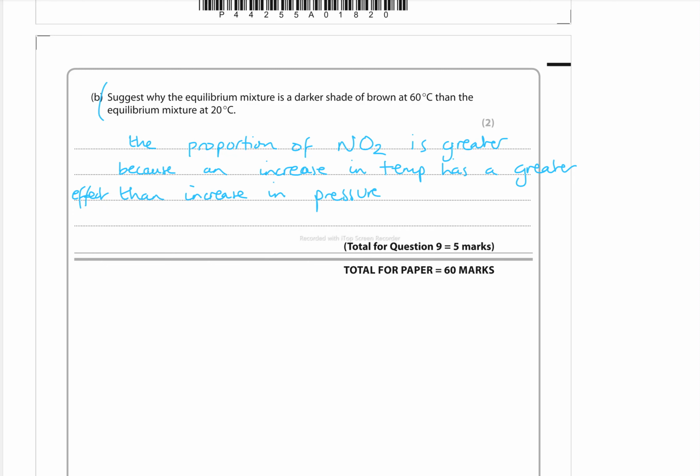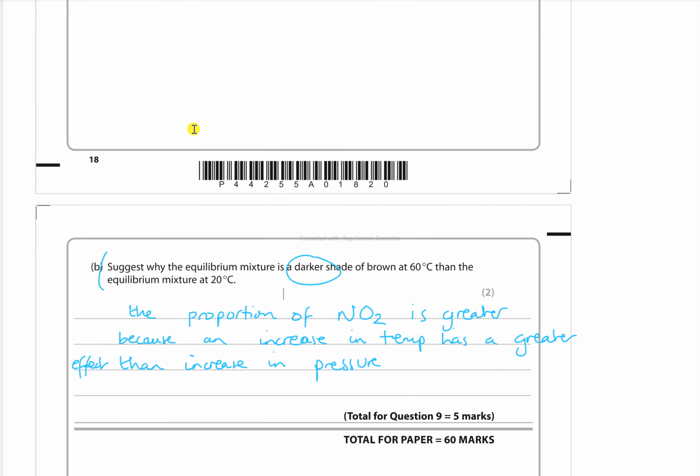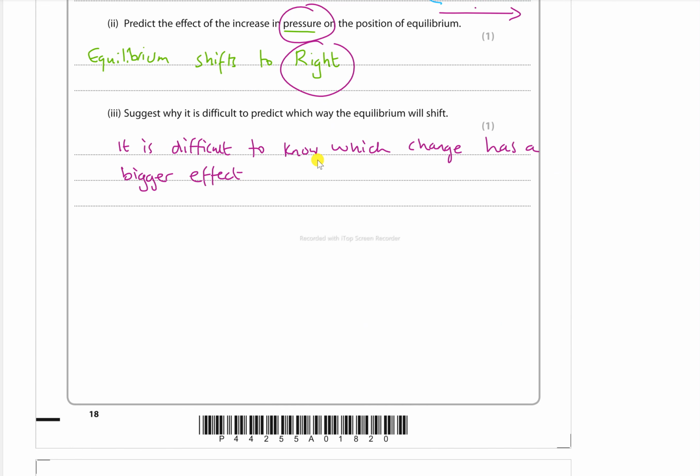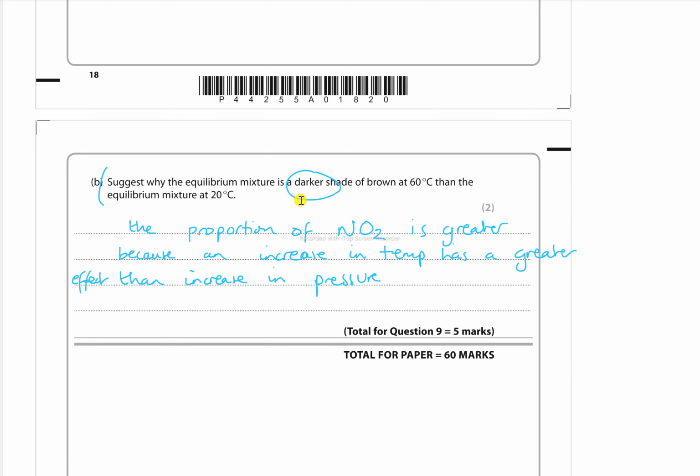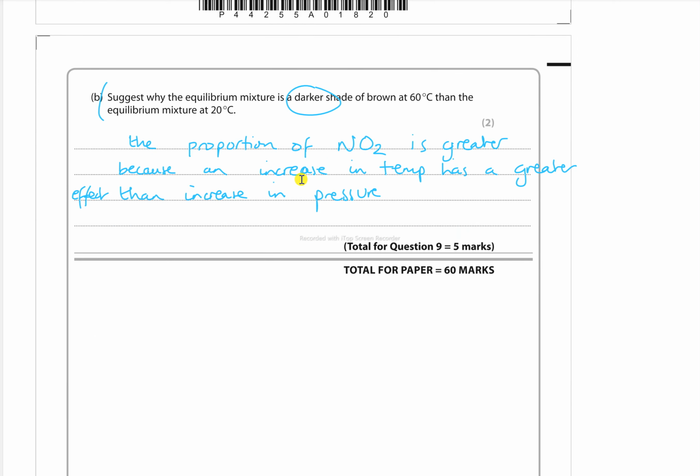And we found that out because it's darker. Initially we didn't know which way it would go. They've given us a scenario and we've said, okay, that's the reason. Right, let's carry on.